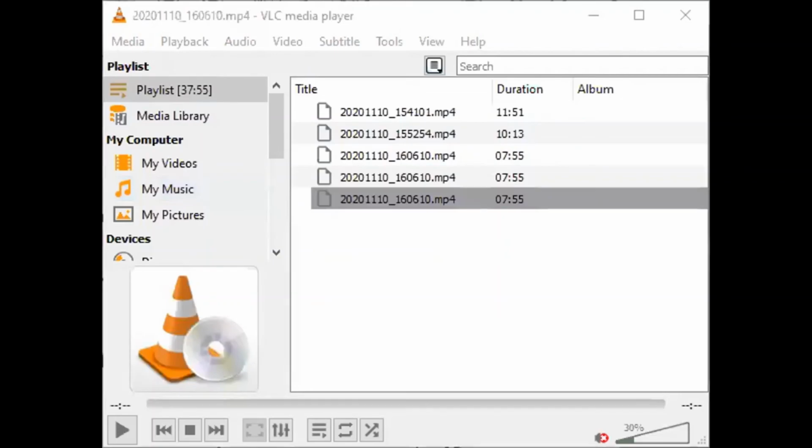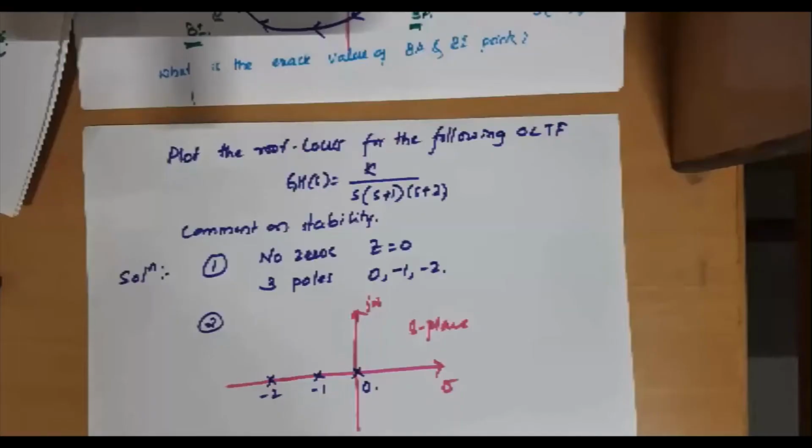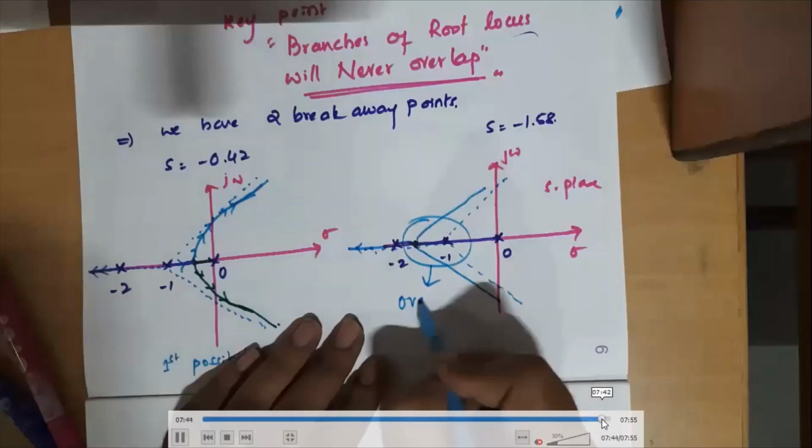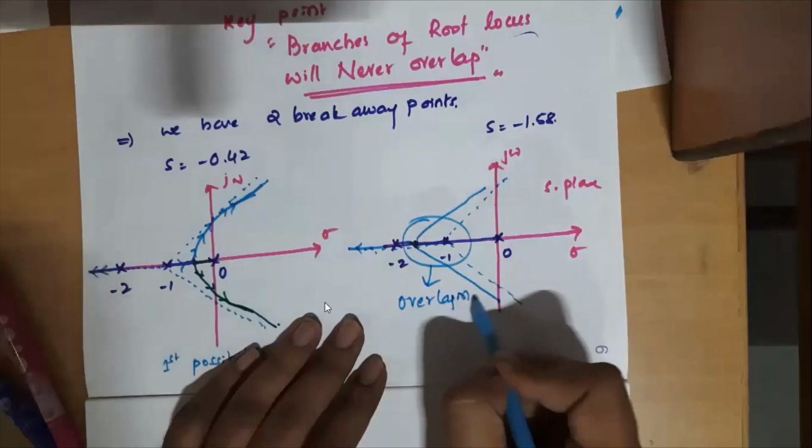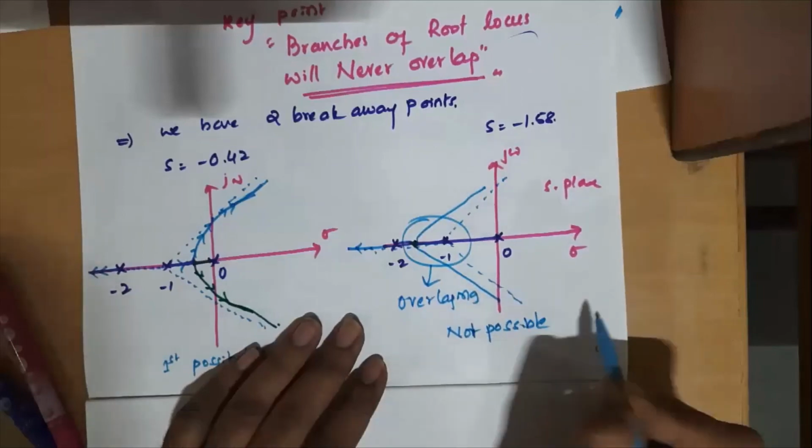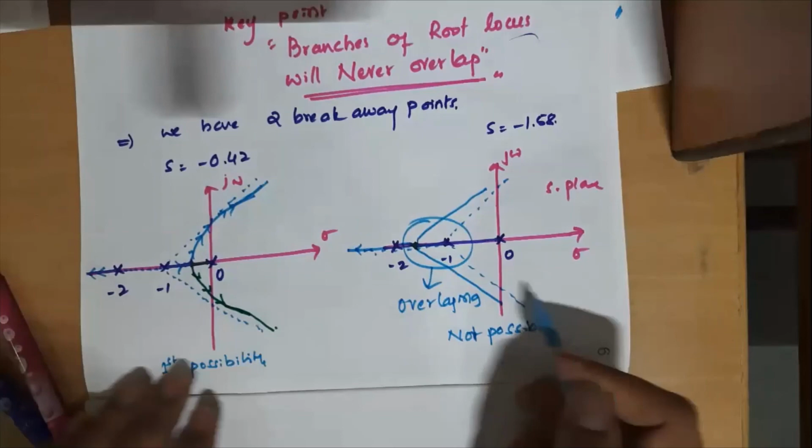What is the comment on stability for this diagram? Is it asymptotically stable or conditionally stable? See, the poles are moving. There are 3 closed loop poles.